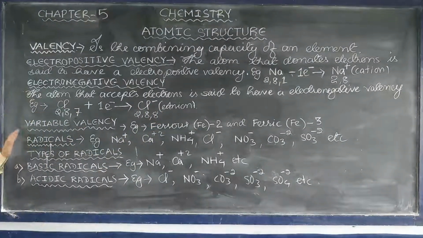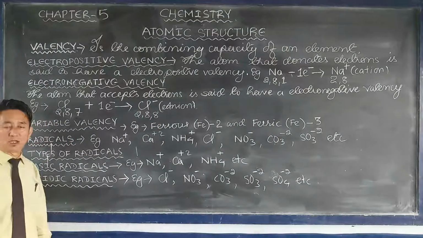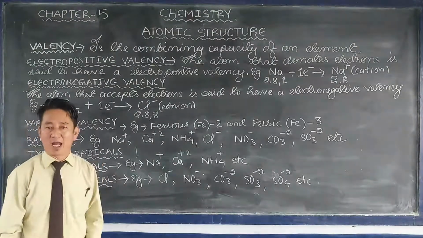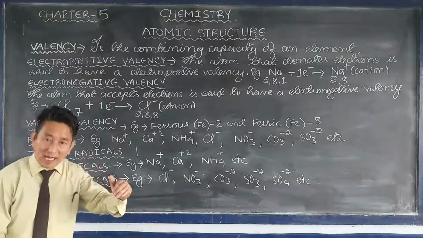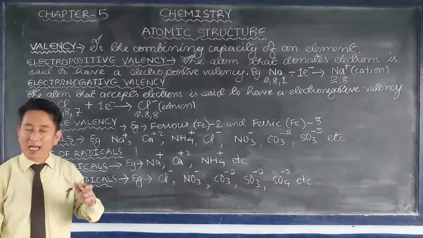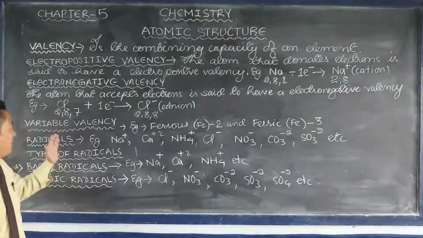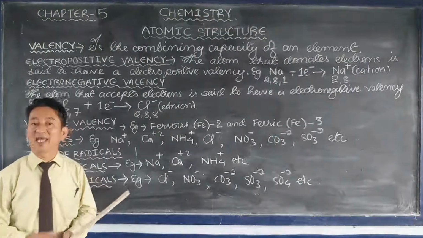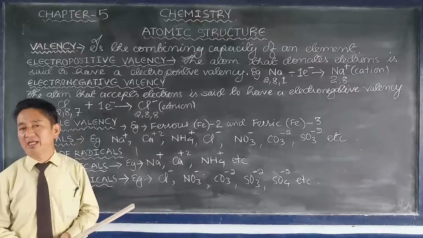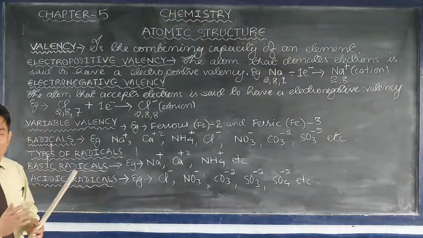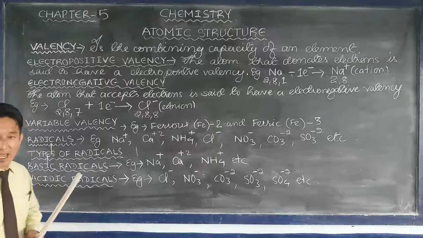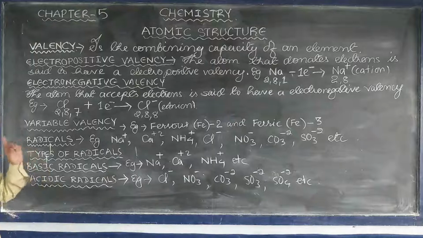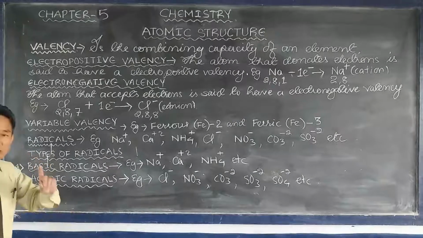Now next, variable valency. Now what is variable valency? If an element has more than 1 valency, then that element is said to have variable valency. Most of the metals exhibit variable valency. Once again, if an atom has more than 1 valency, then the element is said to have variable valency.